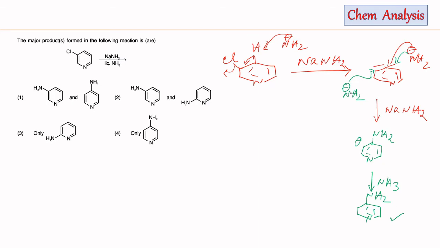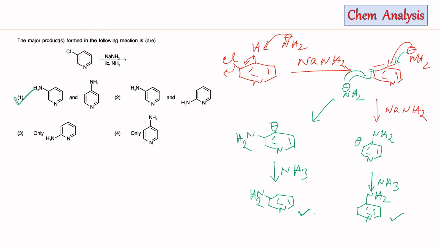Similarly, if the amide attacks at this carbon, the generated anion will be this one, and in the subsequent step it will abstract one proton from liquid ammonia to form the final product. That means in this case both these two products will be formed, and we can see here option A is the correct answer. Is it okay?